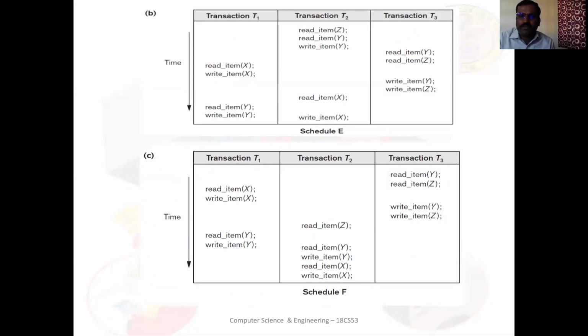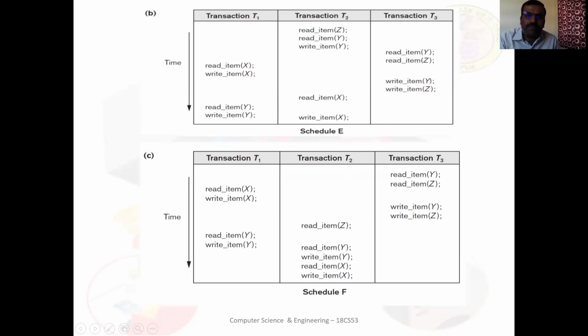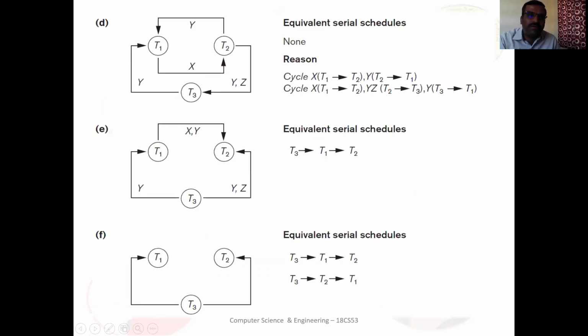The precedence graphs for schedule E and schedule F are shown in figures D and F. This is for schedule E. This is for schedule F.